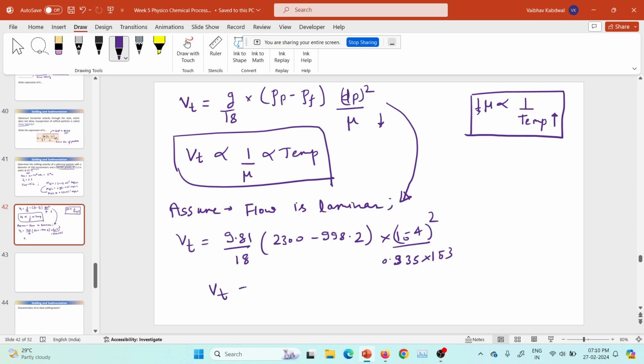So the terminal settling velocity will come out at 7.59 into 10 to the power minus 3 meter per second. So this is the terminal settling velocity.